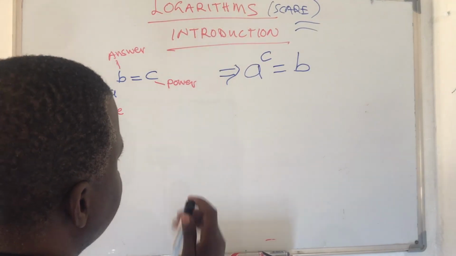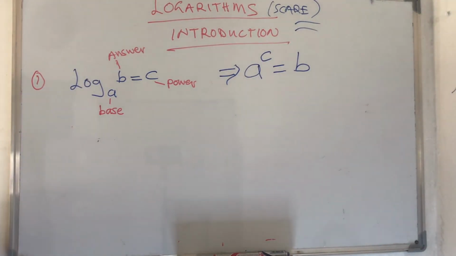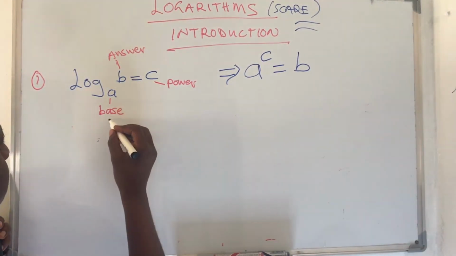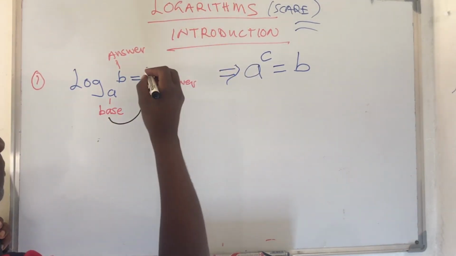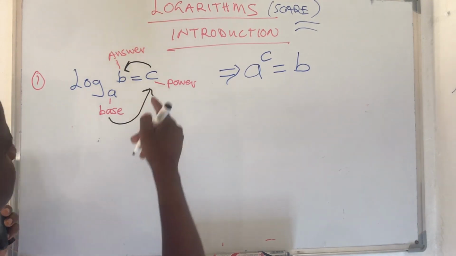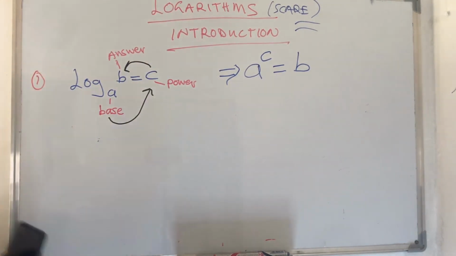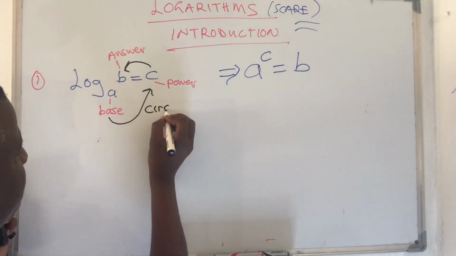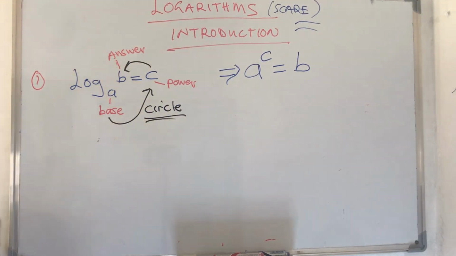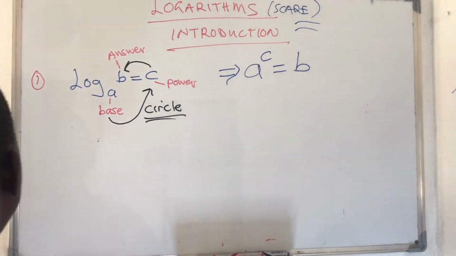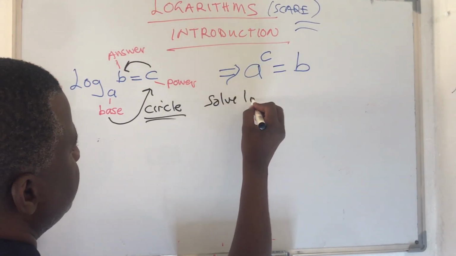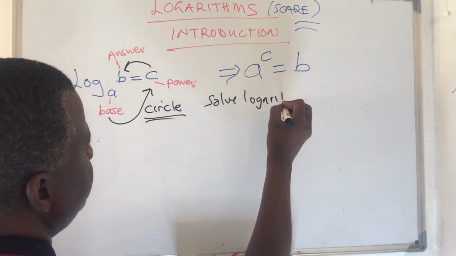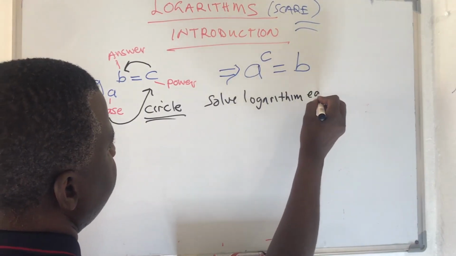Now I would like you to just see what I have done here. What I have done, I've taken this base and raised it to the power c, which was equal to b. So it's some form of like a circle, isn't it? I've done something like a circle. So this circle is what is going to help us to solve logarithm equations.